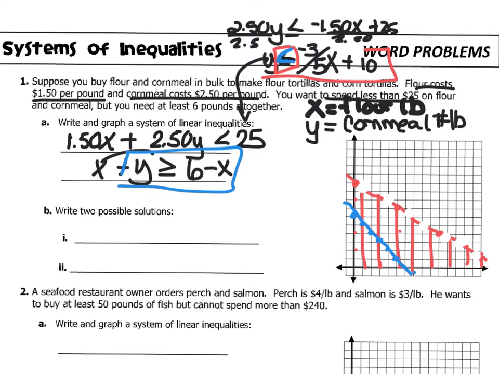Since this was greater than or equal to, you're going to shade everything above.